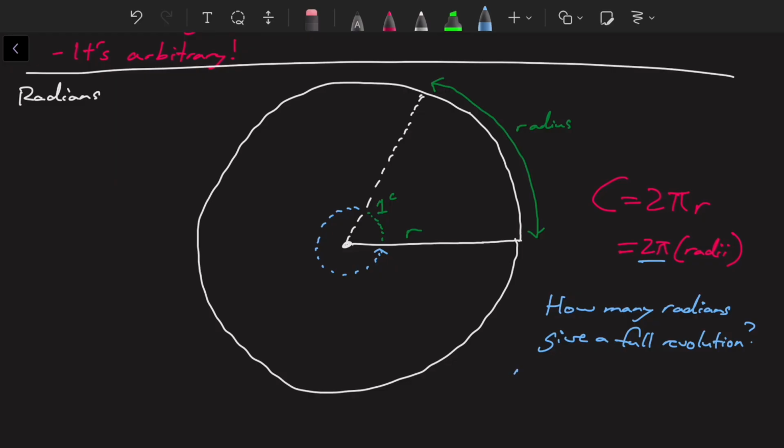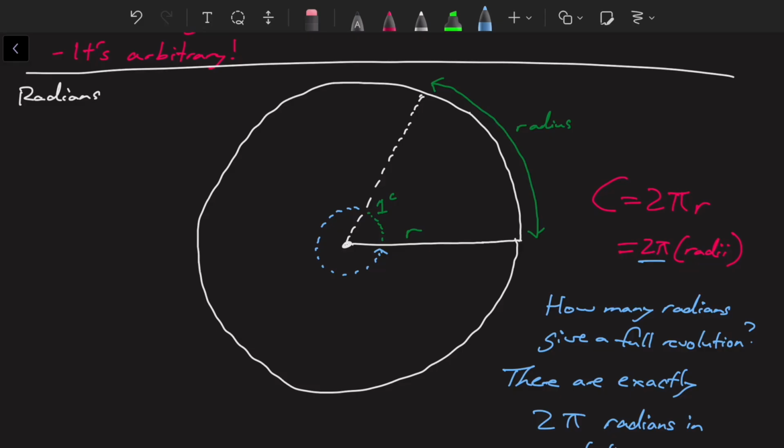Wow. There are exactly 2 pi radians in a revolution, because it takes you exactly 2 pi's worth of radians to traverse the circumference. 1 radian equals 1 radius. So 2 pi radians equals 2 pi radiuses, which gives us the circumference.